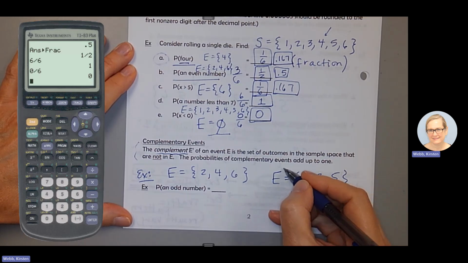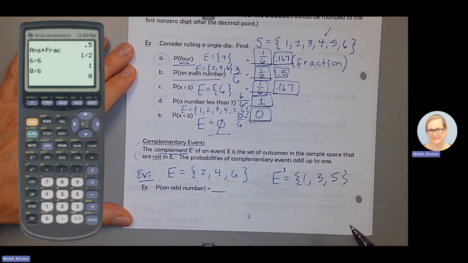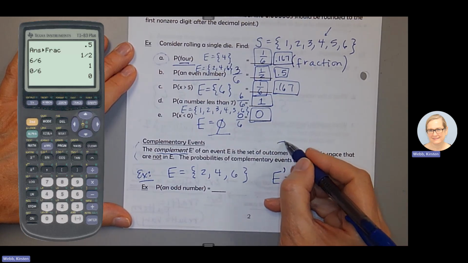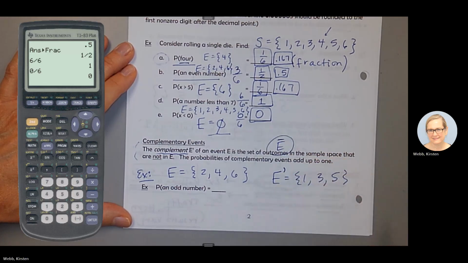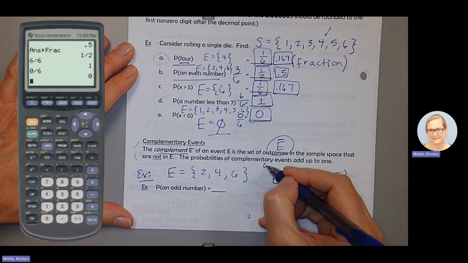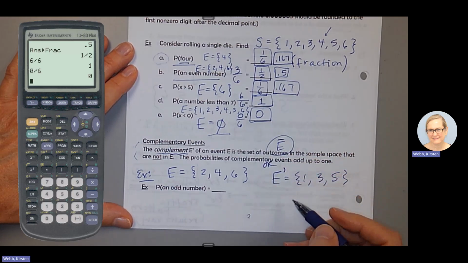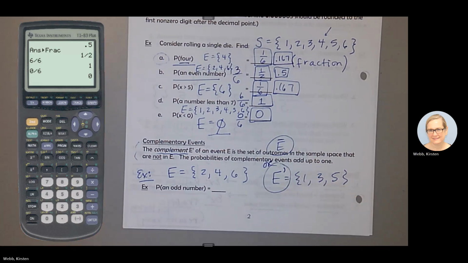So the complement has this little apostrophe on it, or sometimes it has a bar, like we saw with our regression equation. Our book uses the apostrophe. So here was the original event E, and now here's the complement of E.